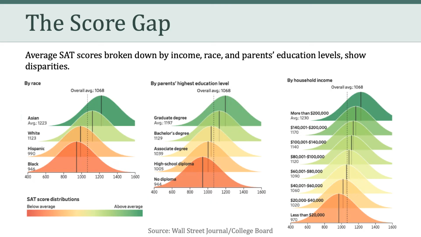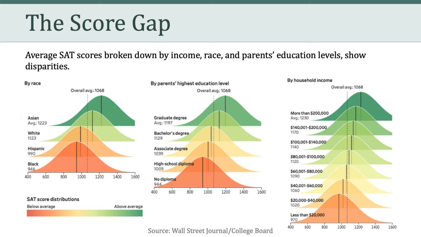Now, here's another breakdown of average SAT scores broken down by income, race, and parents' educational levels. And this was produced by the Wall Street Journal and the College Board. What you can see here are the color codings reveal the distributions relative to the national averages. If we look at the left chart, we see the overall average is a 1068, and Asians score significantly higher than that. Whites score significantly higher, whereas Hispanics and Blacks are scoring significantly lower.